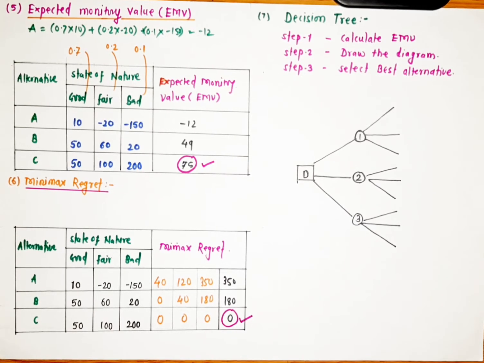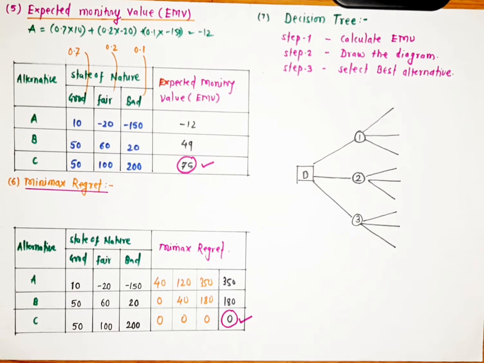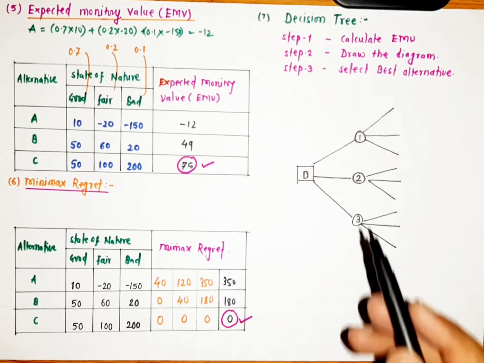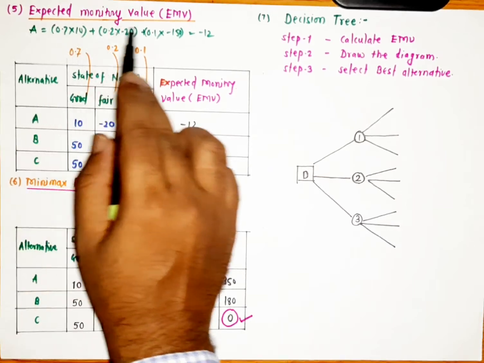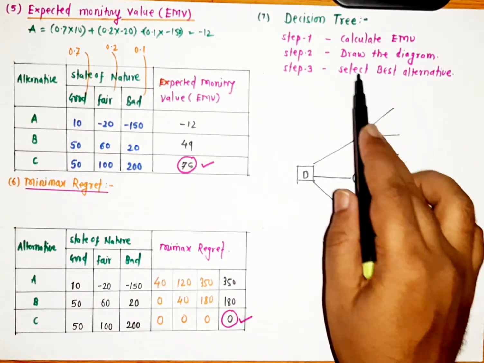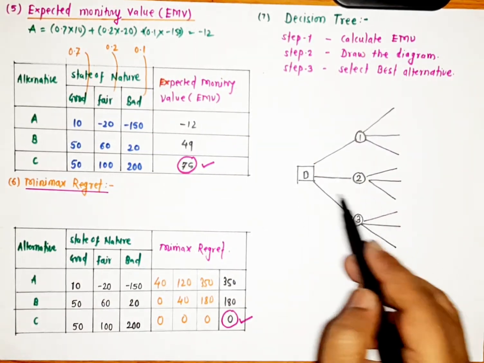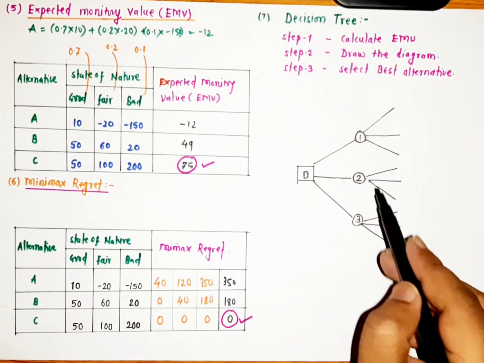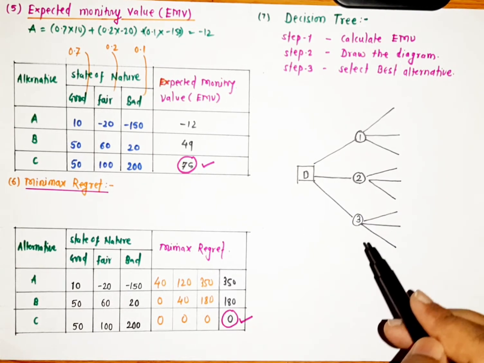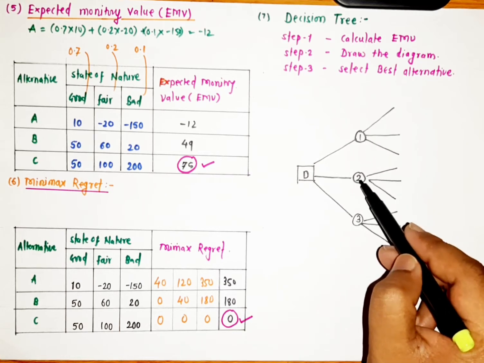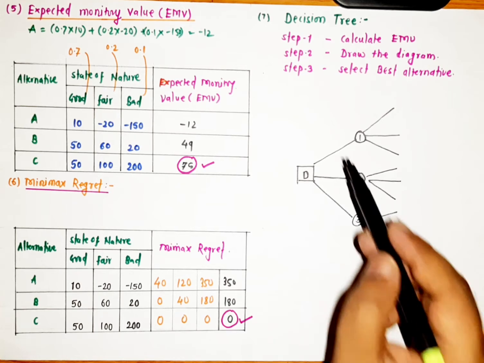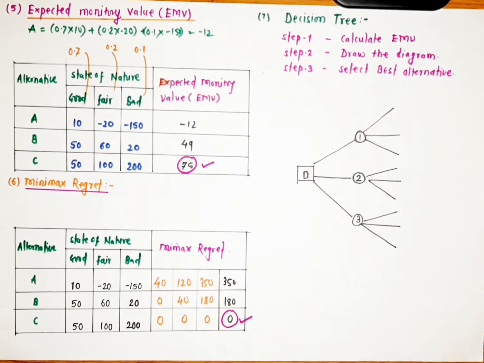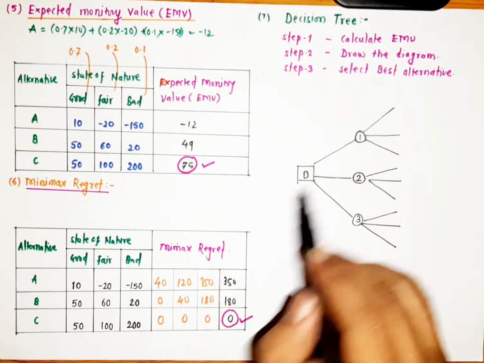Now the last type is decision tree. In this decision tree there are 3 steps. Step 1 says calculate EMV, the expected monetary value. Then draw a diagram just like this: decision, first alternative, second alternative, third alternative. Here we can say A alternative, B alternative and C alternative for this problem. And then select the best alternative.